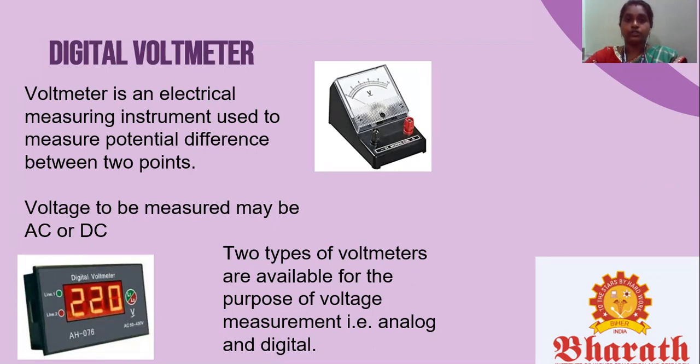Although digital meters do not fully replace analog voltmeters, there are still many places where analog voltmeters are preferred. Digital voltmeters display the value of AC or DC voltage being measured directly as discrete numerals instead of a pointer deflection on a continuous scale as in an analog instrument.